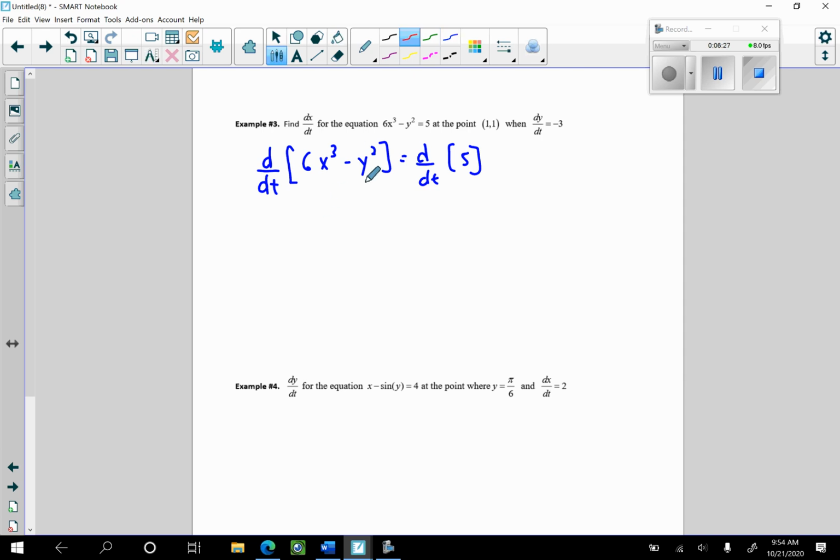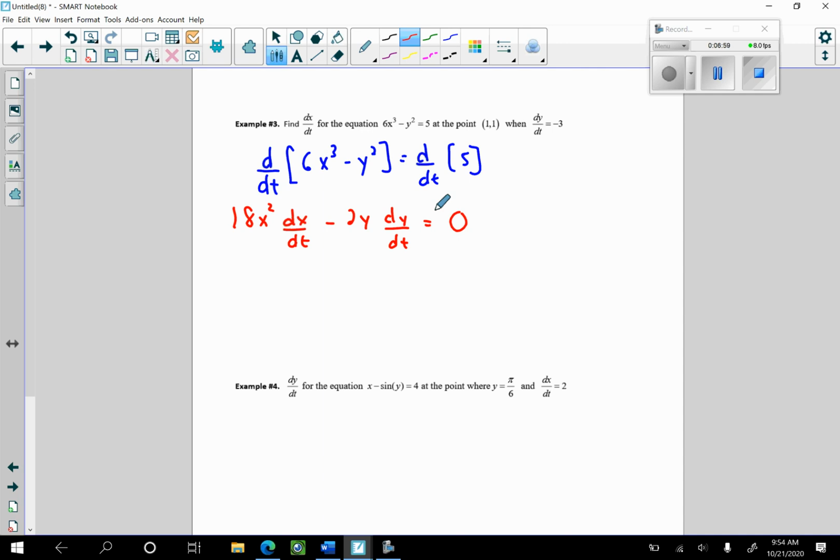So what's the derivative of 6x cubed? I believe that's going to be 18x squared dx/dt minus 2y dy/dt is equal to 0. Now I want dx/dt, and here's a big hint: I'm not going to solve for dx/dt until I put all of the numerical values in.